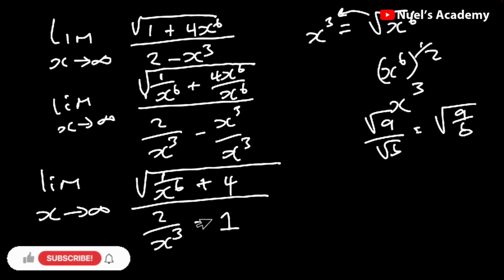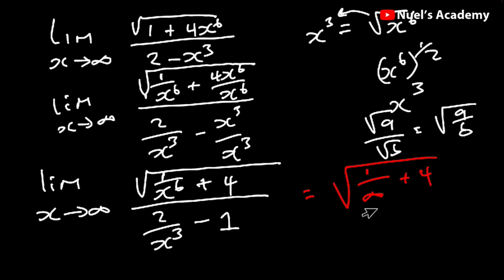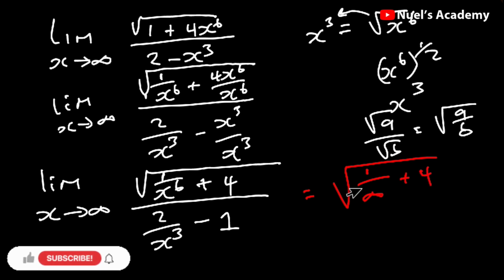Let's go ahead and plug in infinity as the value of x. This now becomes 1 over infinity plus 4. Note, infinity raised to the power 6 is still infinity. So we have over 2 over infinity minus 1.